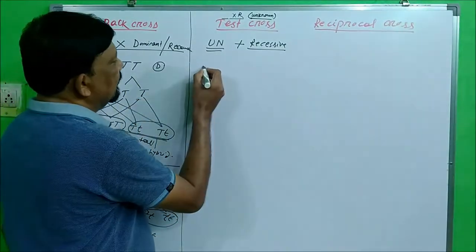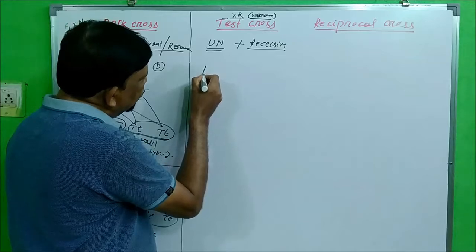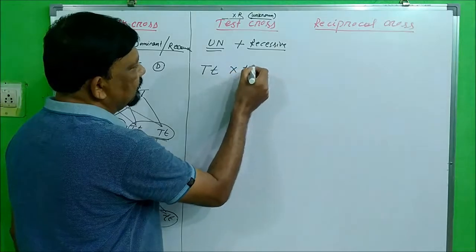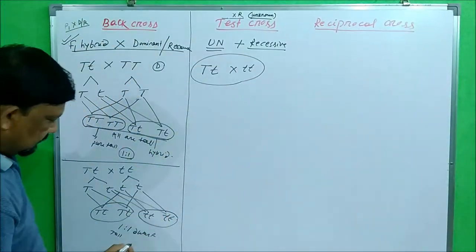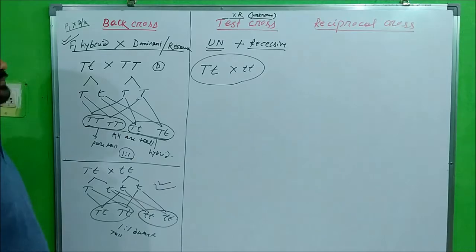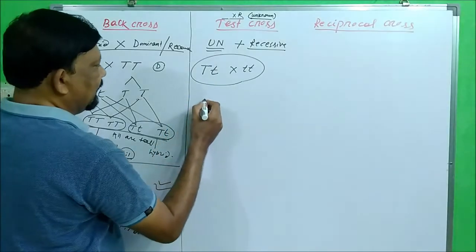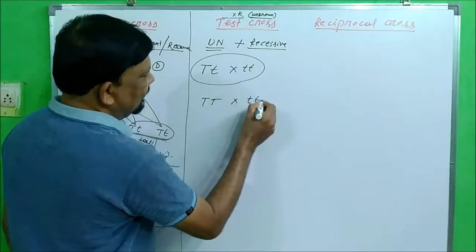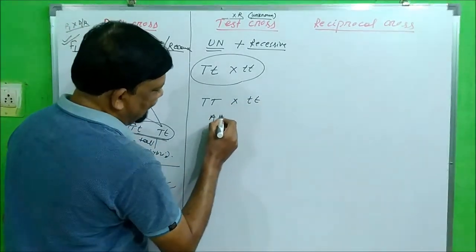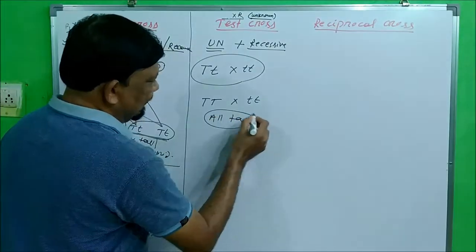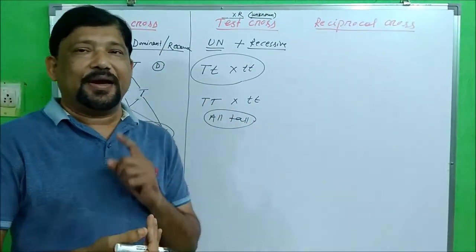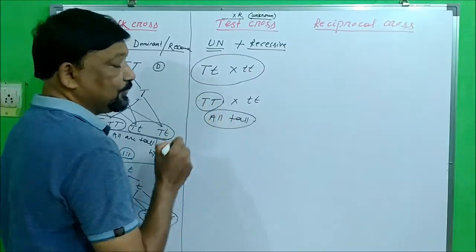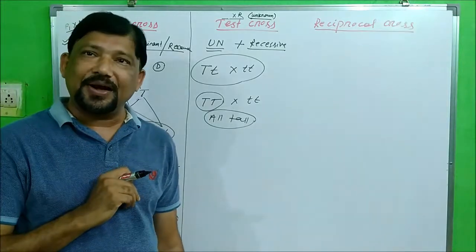For example, if that unknown variety's genetic makeup is TT and it is crossed with tt, you will get all tall. If this test gives you all tall, it means the unknown variety which you have taken for testing is a pure line.